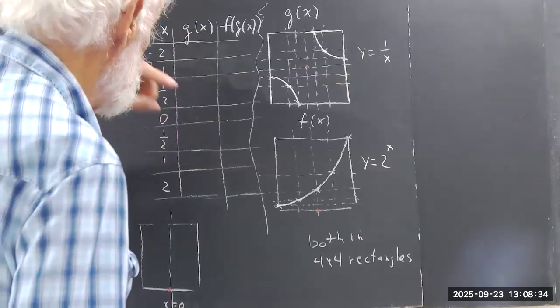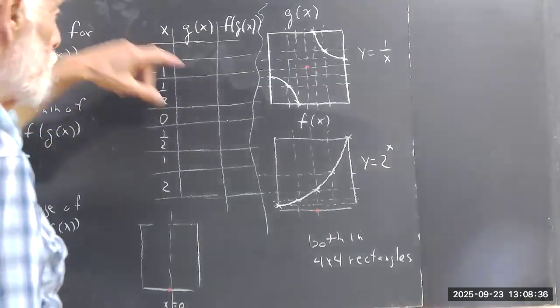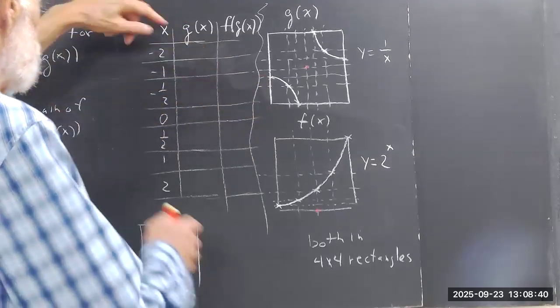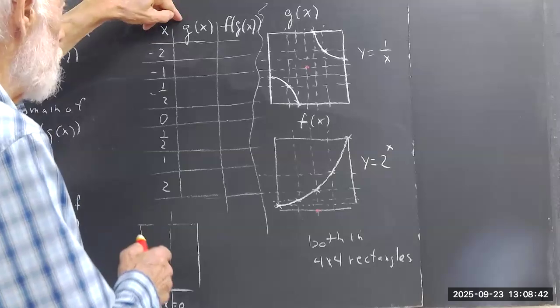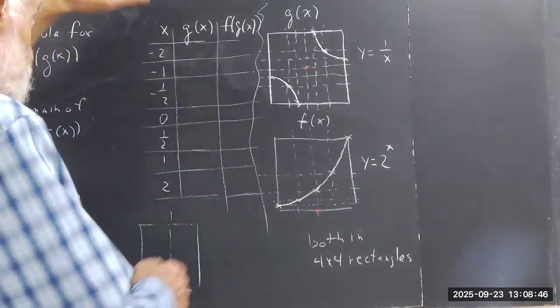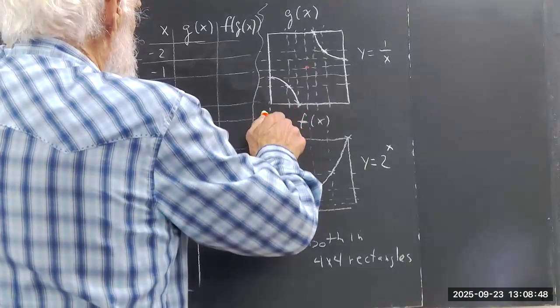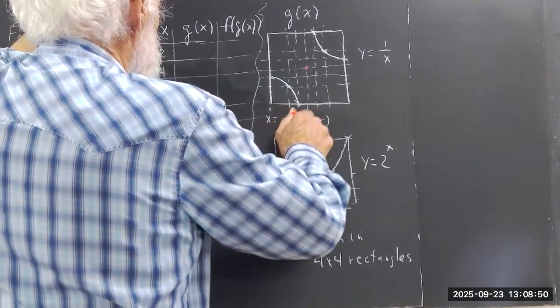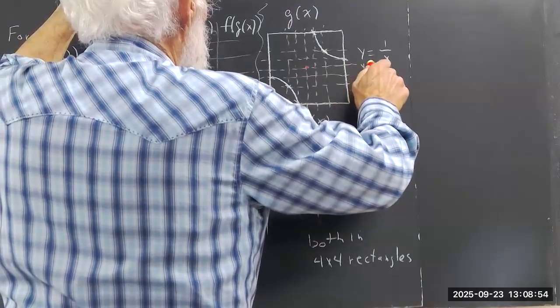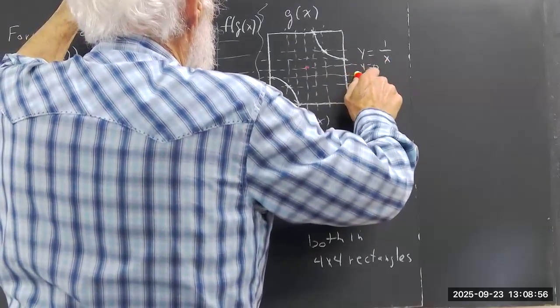And then you determine that here's -2, here's -1/2. When x equals -2, g of x is -1/2. For example, here's a line, x equals -2. Here's a line, y equals 0.